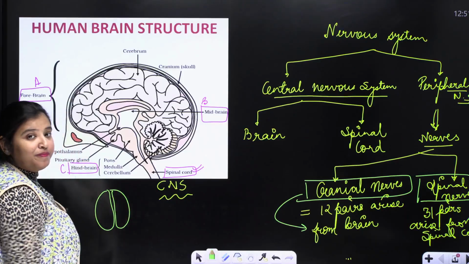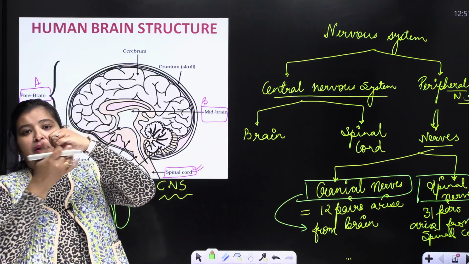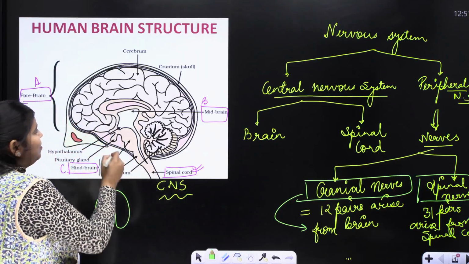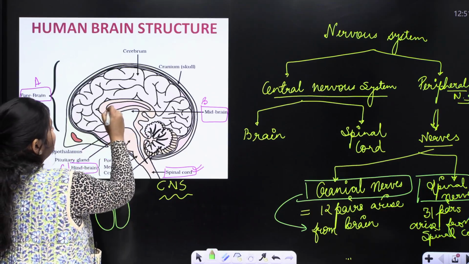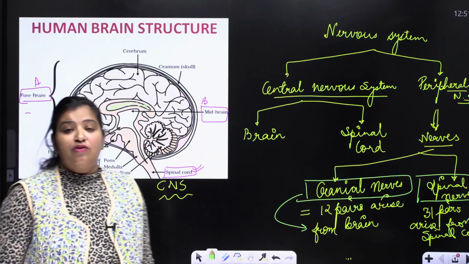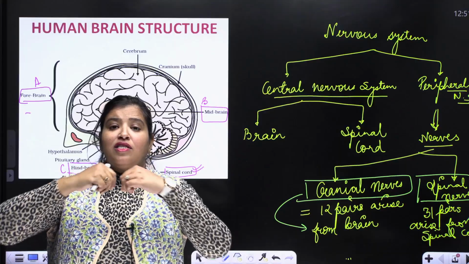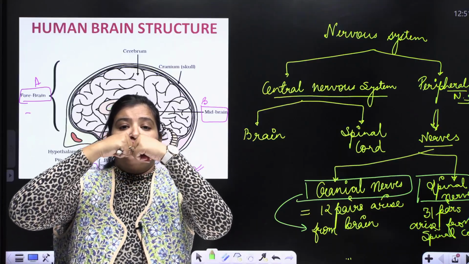But internally that part is connected, and that connection is what is known as the corpus callosum. This is a band of muscles which connects the two hemispheres together.